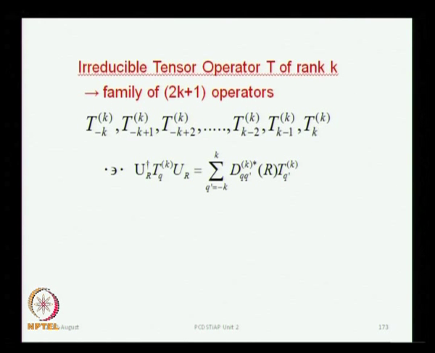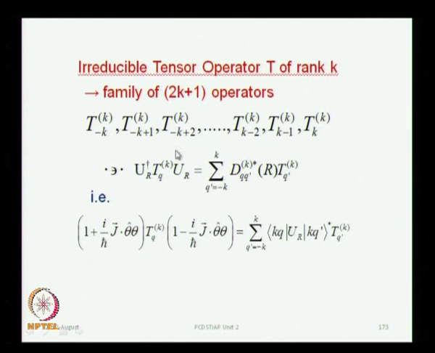Now, you see that these Wigner D matrix elements are showing up at many new places, which is why they are really so important, and they appear as coefficients in this expansion. So, this is the law of transformation. This is the definition of what an irreducible tensor operator is.